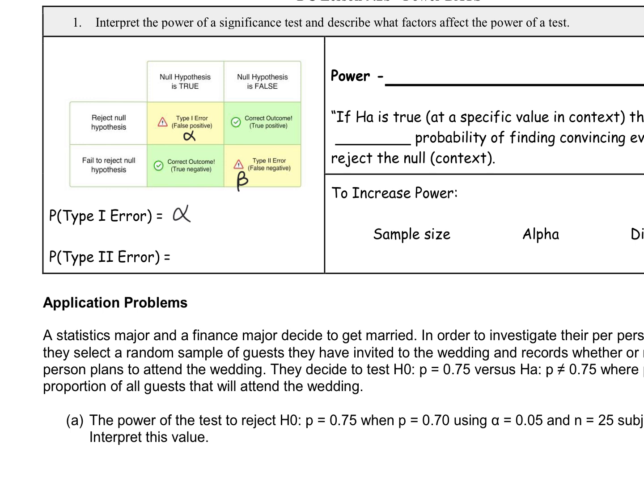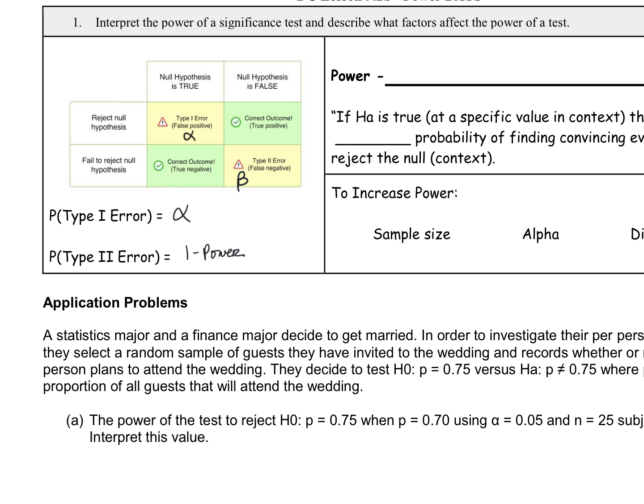The probability to find that, it's not like you add alpha and beta together to get a 1 with probabilities. It's going to be 1 minus the power of the test gives me beta. All right? They will give you one of the two if you ever had to calculate it, but I don't think TW requires that. Okay.